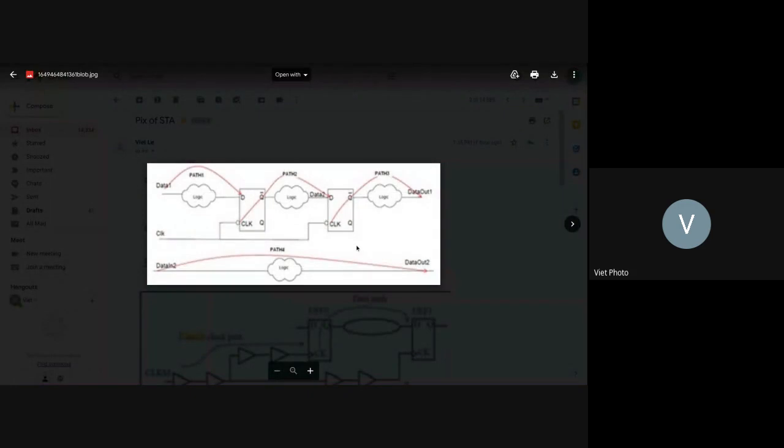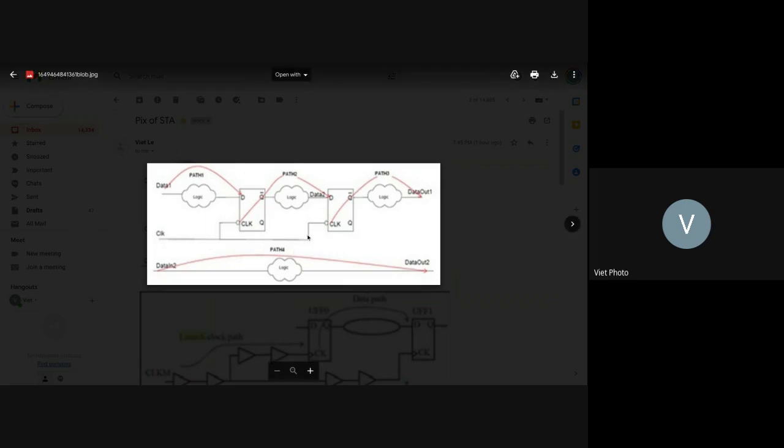Okay, here's the picture that describes the timing paths in a circuit. So basically, in general, all kinds of timing paths that we have in the design will be like that. This one is from the input port, like from the pin, whatever from the external, and goes to the logic. Or this one comes from another block, goes to a logic and to the D pin.